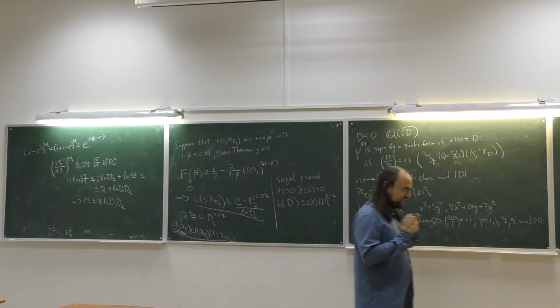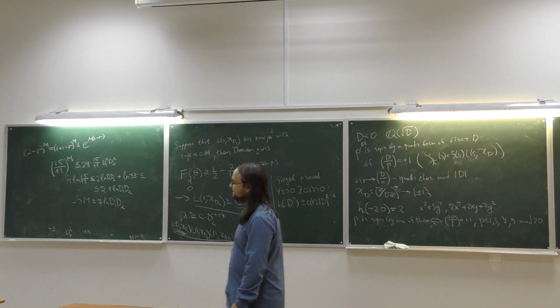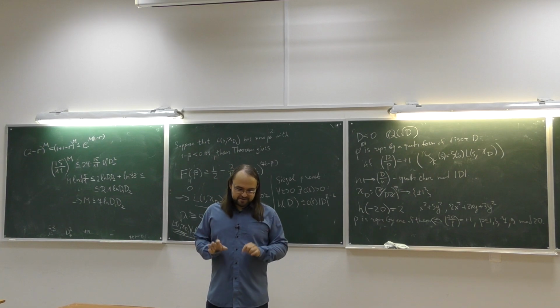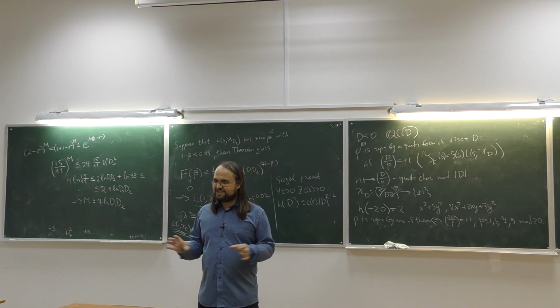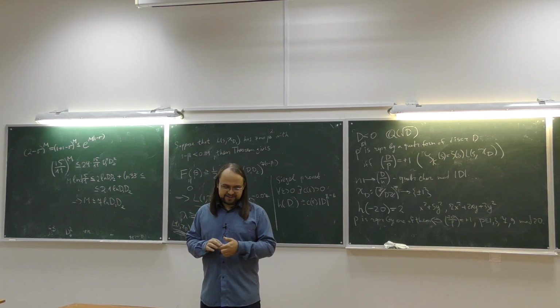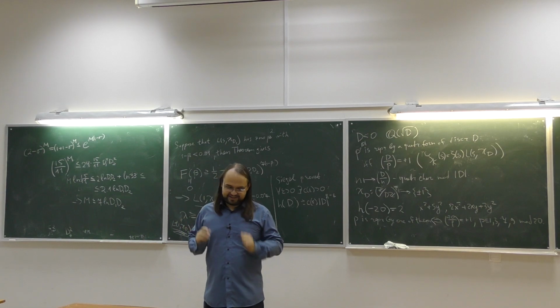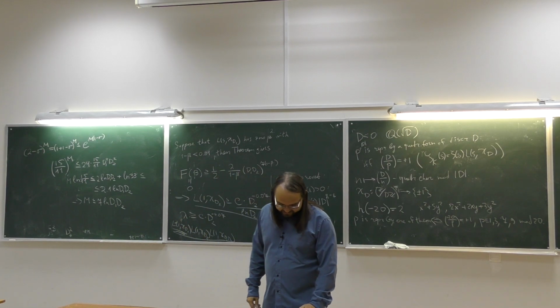So this is an idea behind genus theory. Genus theory is a theory that will allow you to differentiate a bit between these forms. So these forms actually lie in different genera. Let me explain.